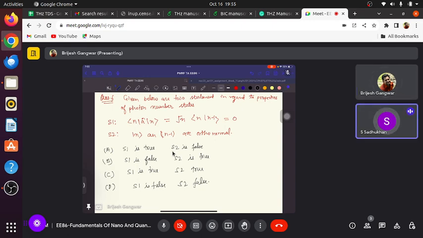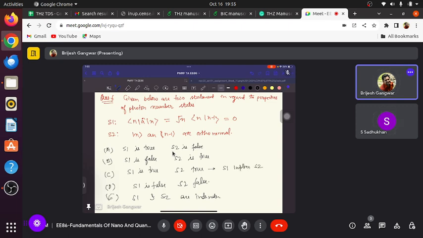Okay, sir. S1 is true here. And I think S2 is also true because the states are orthonormal to each other. Are S1 and S2 independent? And C is both true and S1 implies S2.